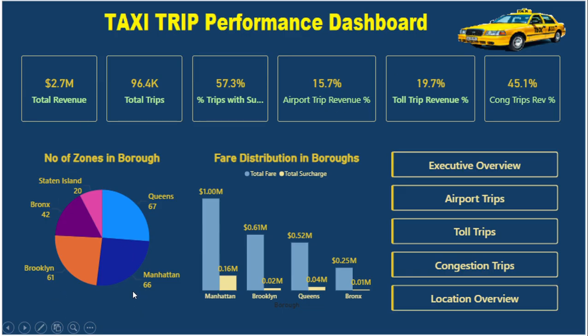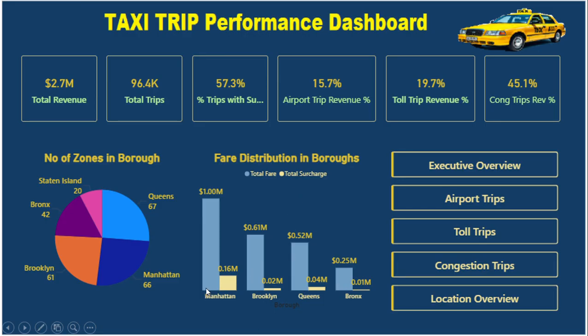And here you can see we analyze the data of these 5 boroughs which are in New York City. Queens is the biggest borough with 67 zones, followed by Manhattan and then Brooklyn. And next here you can see the fare distribution in boroughs. So this is the total fare in each borough and the total surcharge collected.